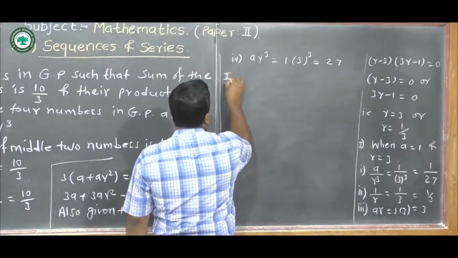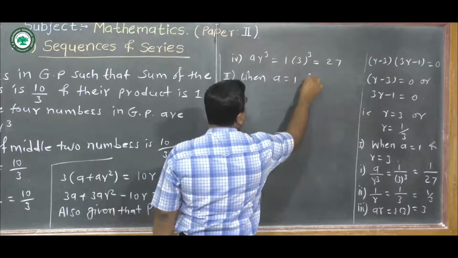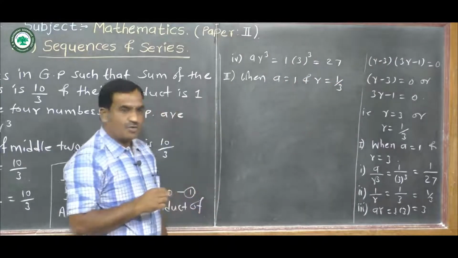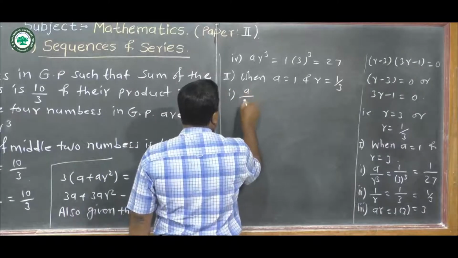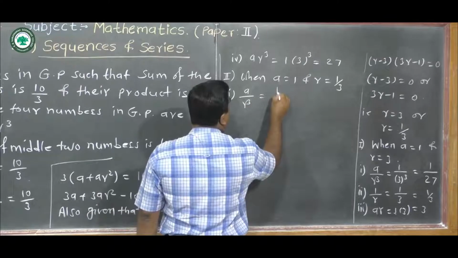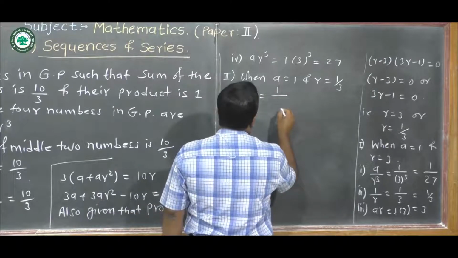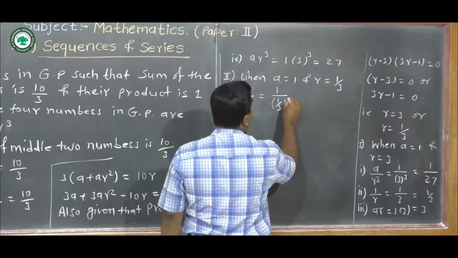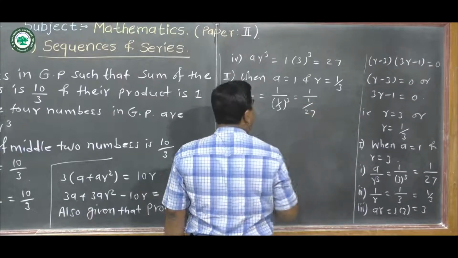Number second, when a is equal to 1 and r is equal to 1 by 3, the numbers of GP: the first number a upon r cube. A is 1, r means 1 by 3, 1 by 3 bracket raised to 3 is equal to 1 upon 1 by 27.